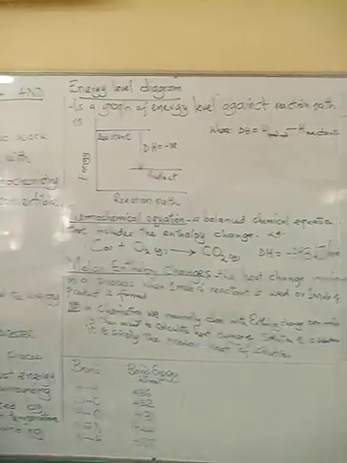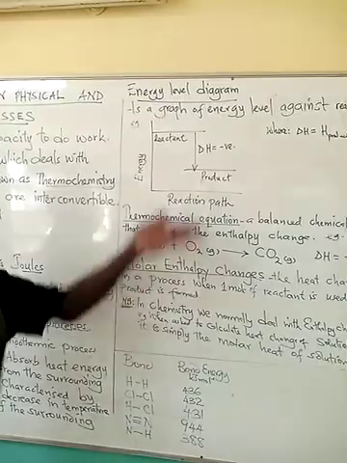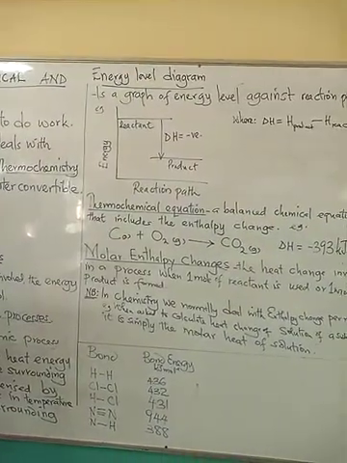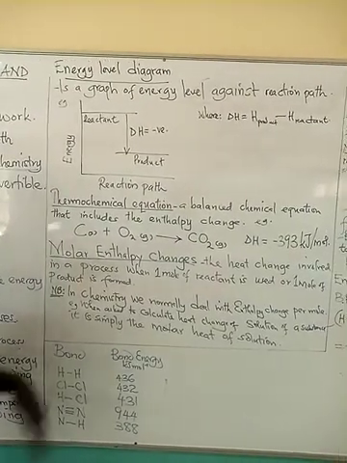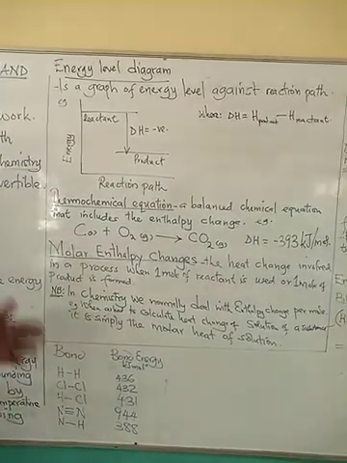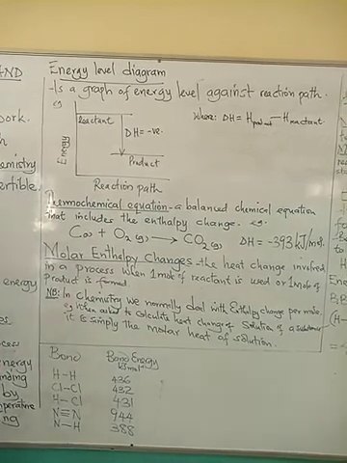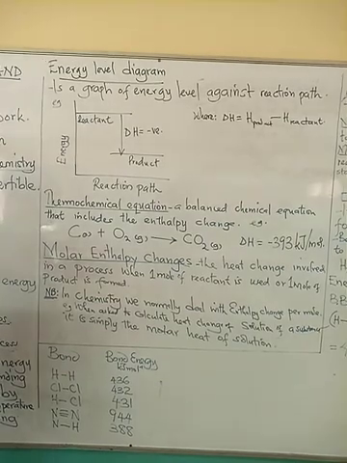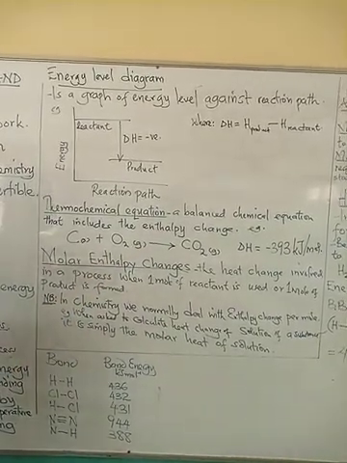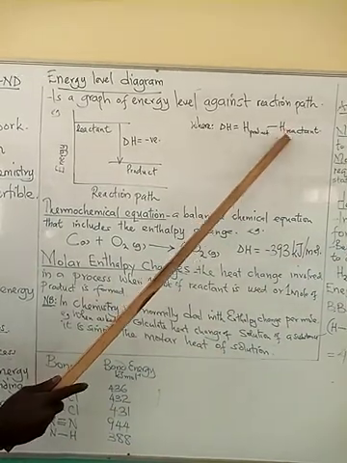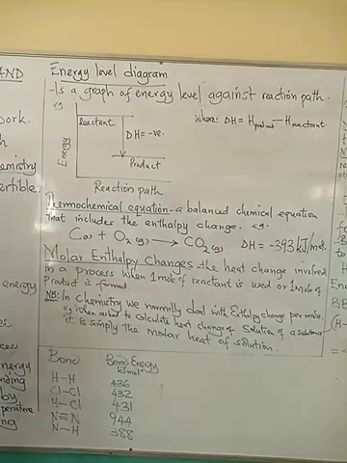When the reaction is exothermic, the reactant normally appears above the product, and therefore the overall enthalpy change is presented as a negative, because in the reaction process, heat is released to the surrounding, where the enthalpy change is given by subtracting the enthalpy of the reactant from the enthalpy of the product.